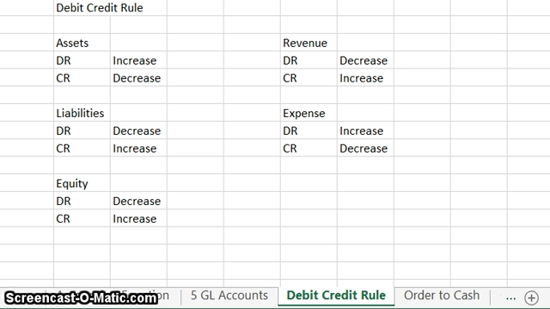And basically, they use the debit and credit system as a system of checks and balances to make sure that they must balance out. Your debits must equal your credits, and that's done at the end of the month or the end of the accounting period, where they have your trial balance.